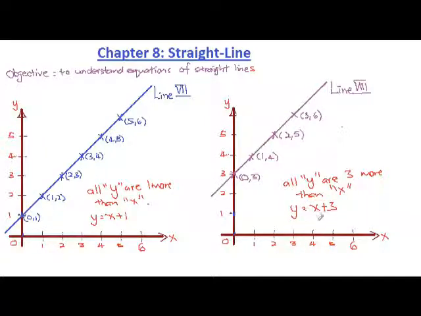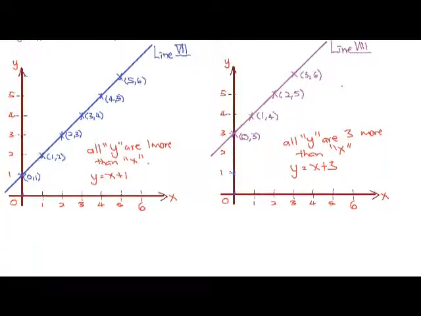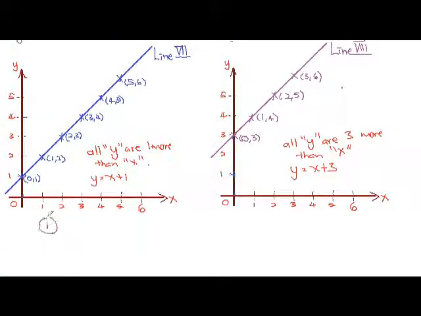Besides the straight line equation, we can notice something interesting here. First, in the equation of the straight line for line 7, we have a y term, x term, and a number term. And in the straight line equation for line 8, also we can see a y term, x term, and a number term.